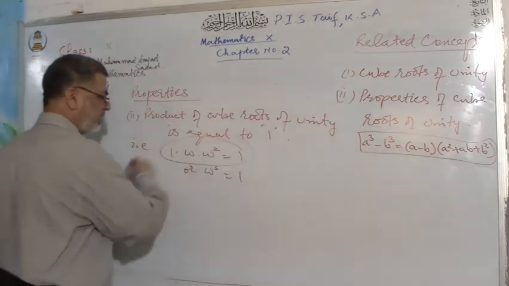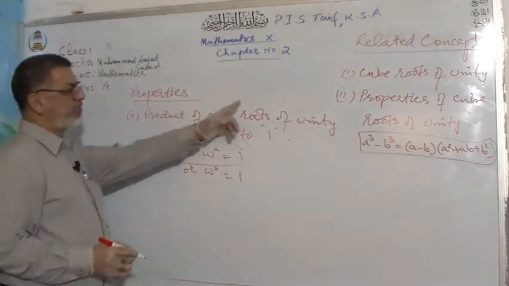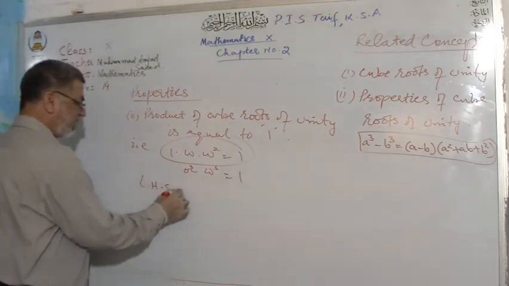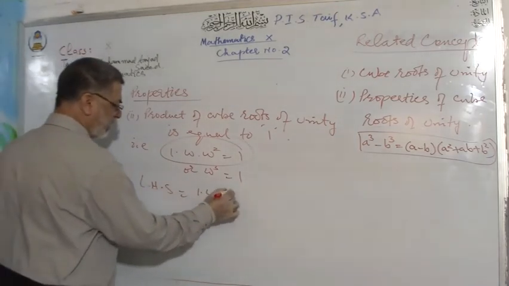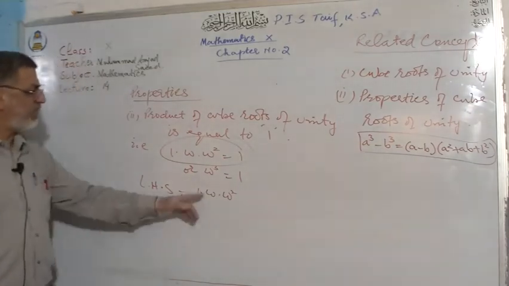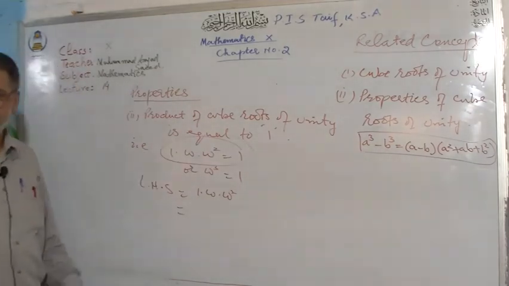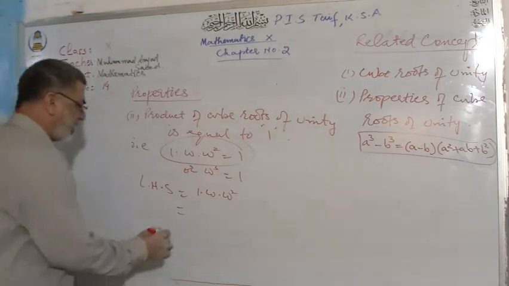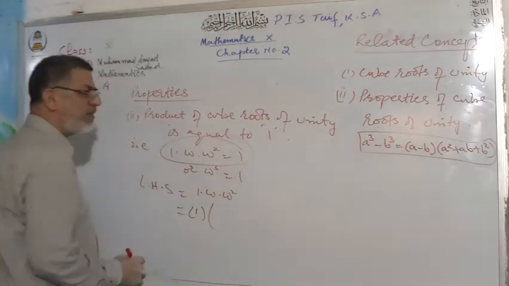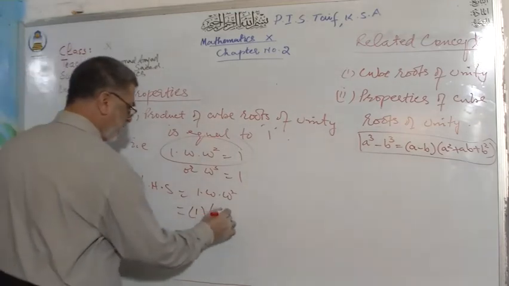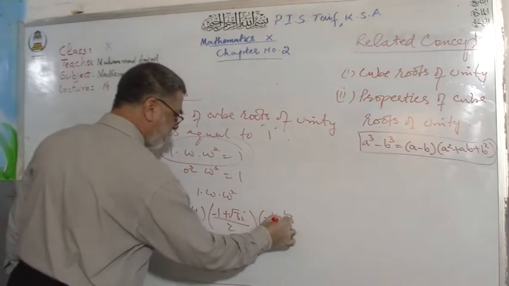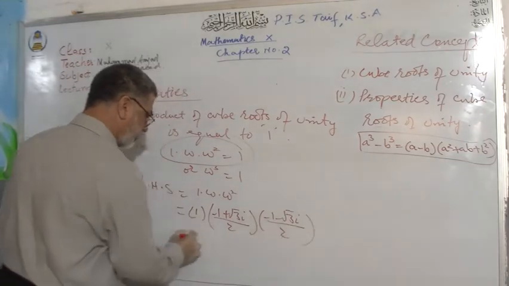Now, from here, product of cube roots of unity is equal to 1, you will take the left hand side, 1 into omega into omega square, and we will find the answer as 1, the right hand side. Okay, we will have 1 into omega. What's the value of omega? (-1 plus 3 under root iota) over 2 and (-1 minus 3 under root iota) over 2.